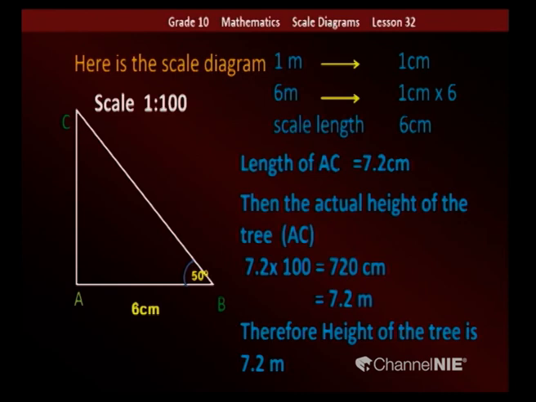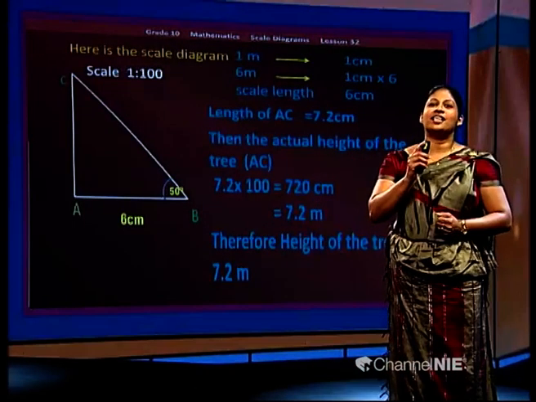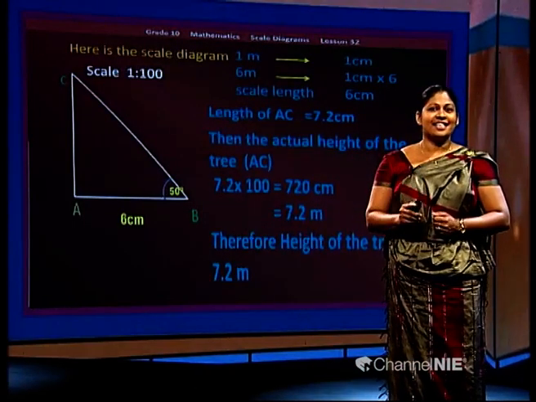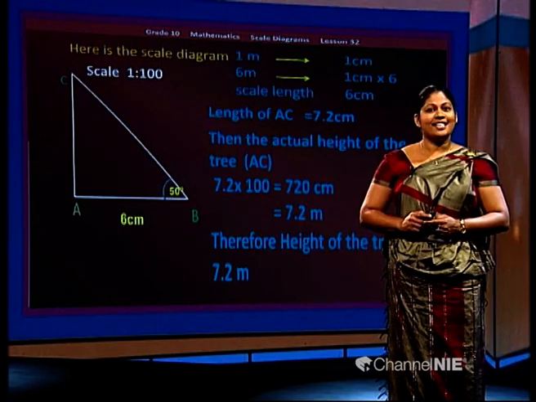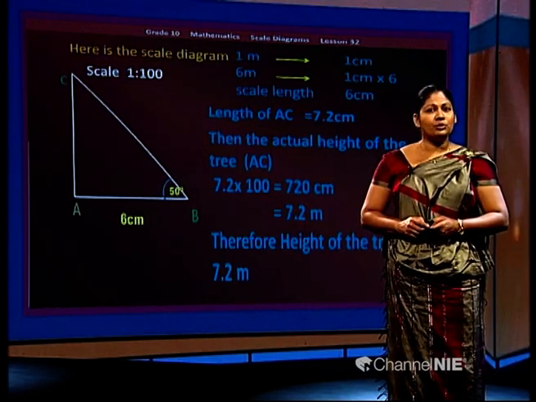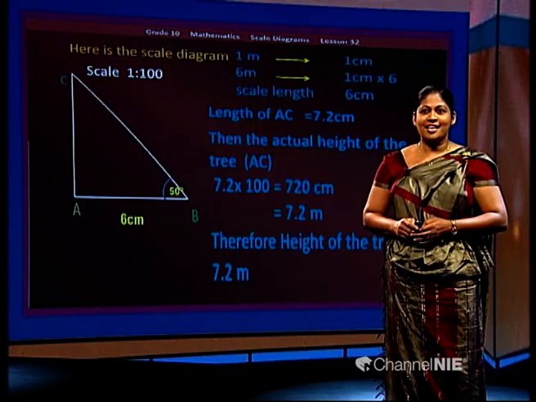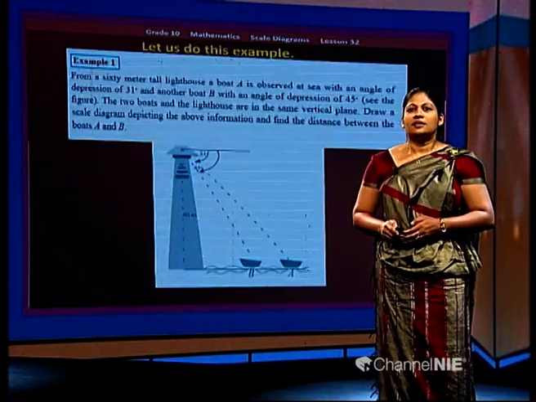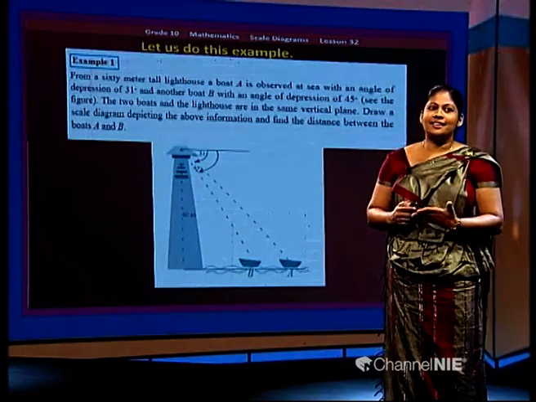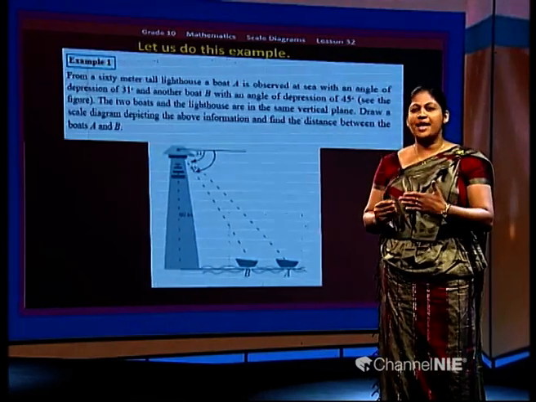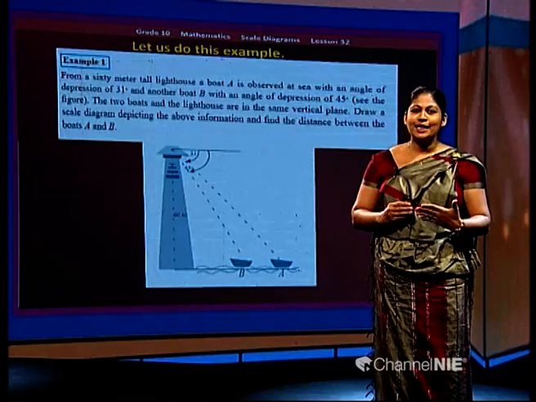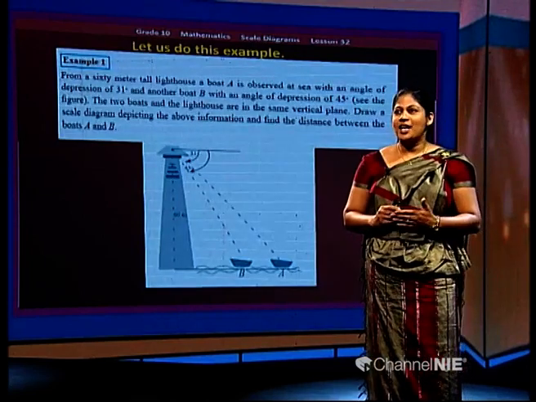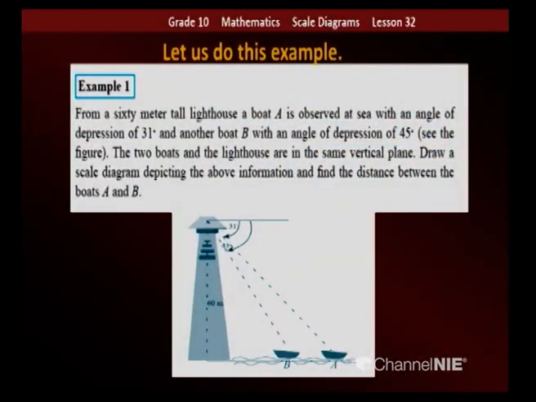Good. Now, I found the height of the tree, that is AC, is 7.2 meters. Okay, got it? Yes. Now you know how to draw the scale diagrams. Using the scale diagram, how to find the length. Okay. Shall we move to another example?